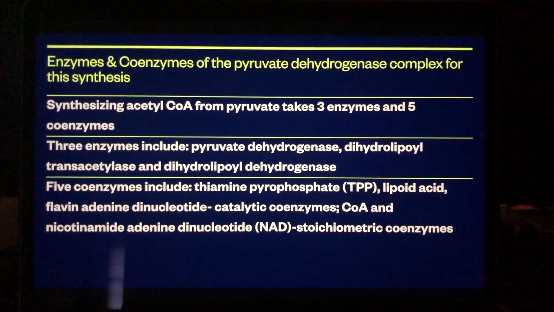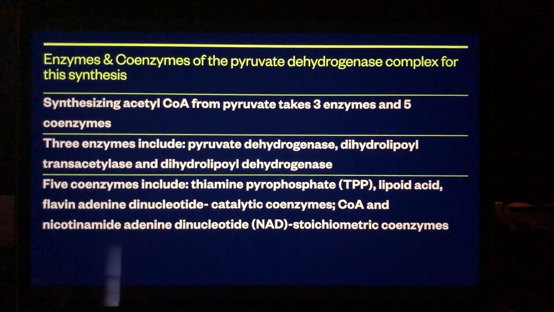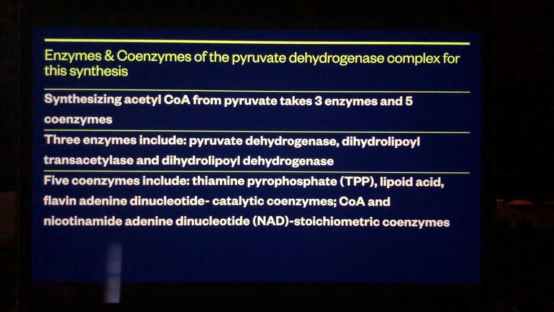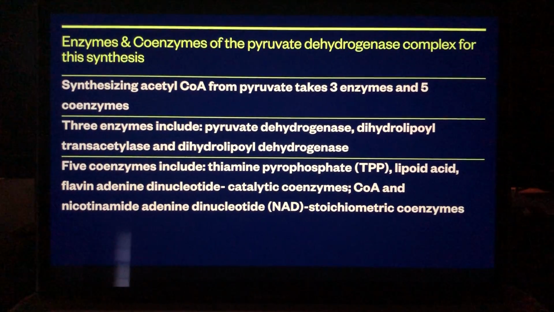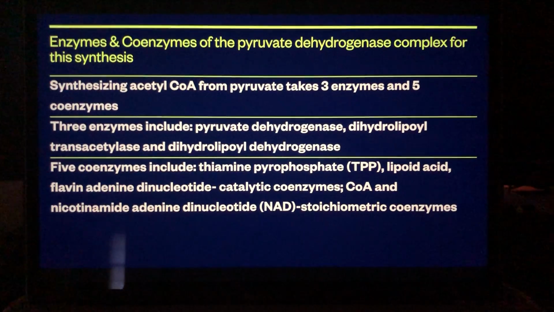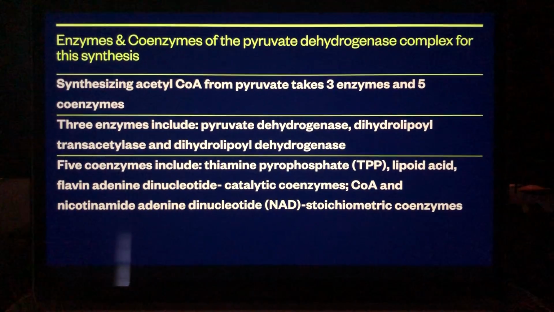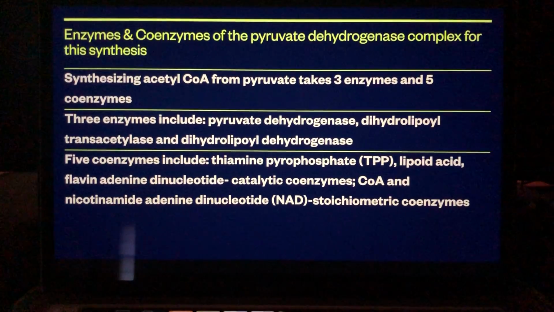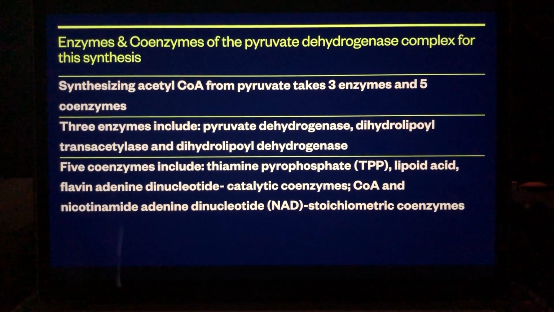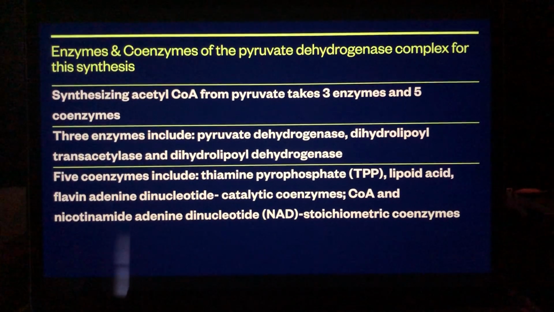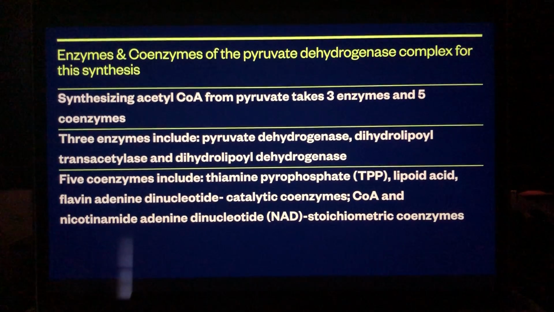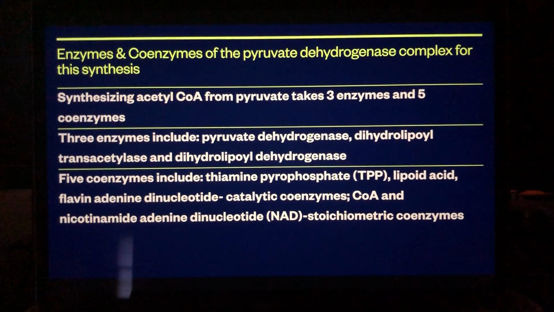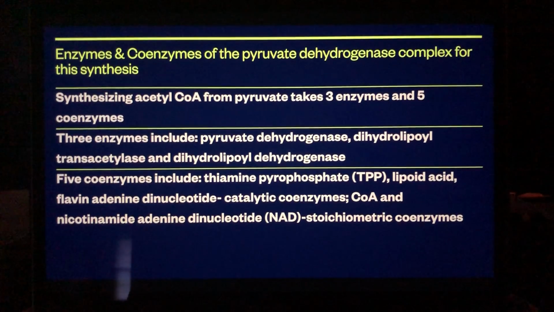So, enzymes and coenzymes of the pyruvate dehydrogenase complex for the synthesis. Synthesizing acetyl CoA from pyruvate takes 3 enzymes and 5 coenzymes. These 3 enzymes include pyruvate dehydrogenase, dihydrolipoyl transacetylase, and dihydrolipoyl dehydrogenase.